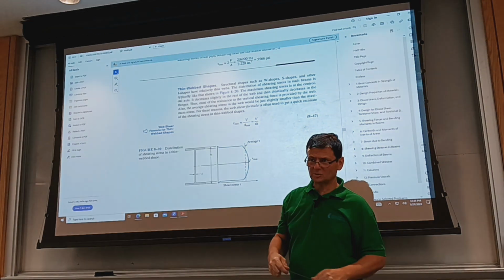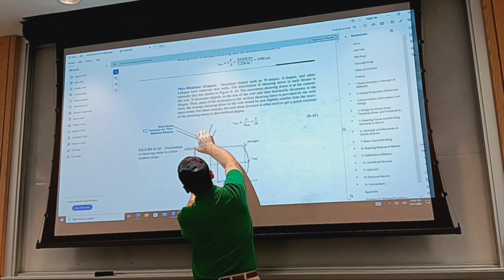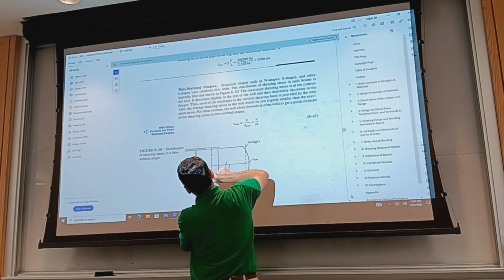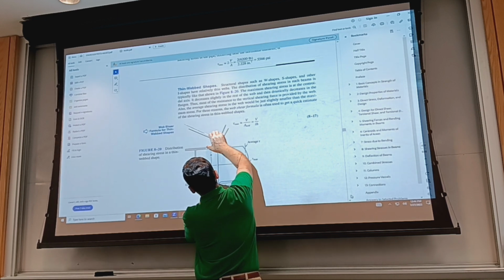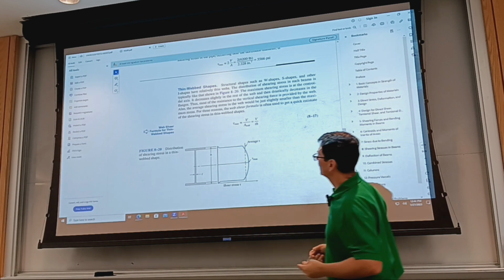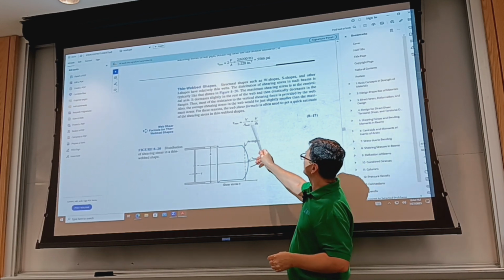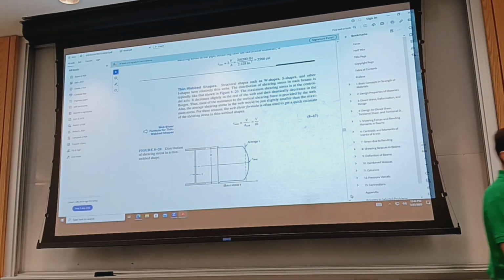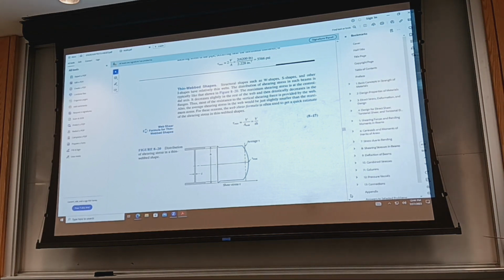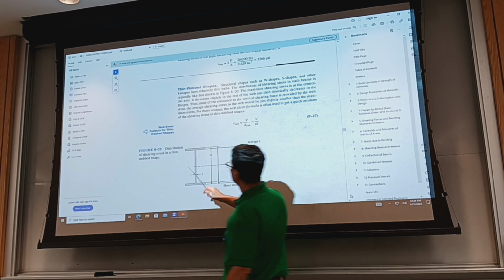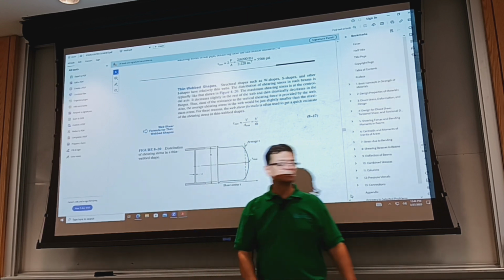I sometimes see students calculating the area with h being this much, not the full depth. Errors are small. Anyway, an approximate formula gives us the maximum shear stress for a thin web shape, and likewise it happens at the centroid.